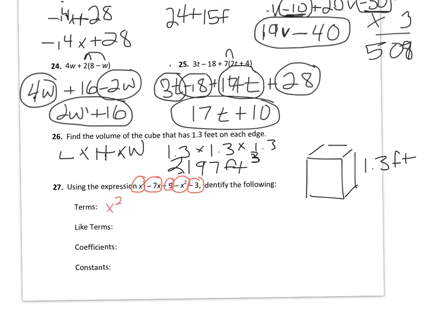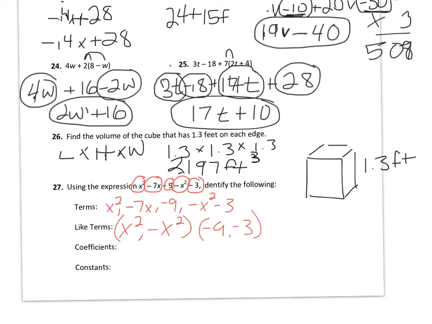Just x squared, then a negative 7x, then a negative 9, and a negative x squared, and then a minus 3. The like terms, ones that you could put together, I've got x squared, and I also have negative x squared. There's nothing that's just x, so I can't put those together. But I do have a negative 9 and a negative 3.